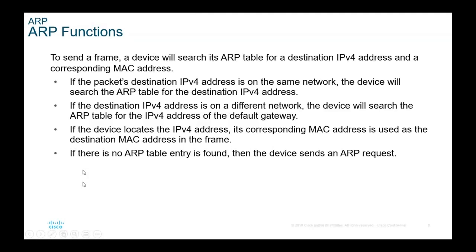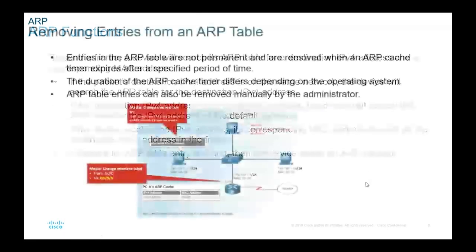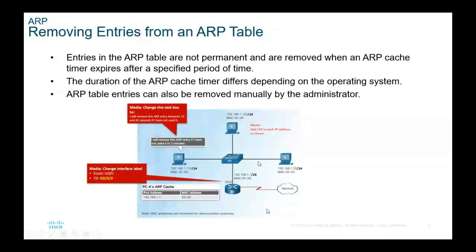If the device locates the IPv4 address and a corresponding MAC address, then it will use that. If it's in the table, it will use that MAC address. If there's no entry, it will send an ARP request, which is a broadcast, and then it will learn it. Entries in the ARP table are not permanent and are removed when the ARP cache timer expires.